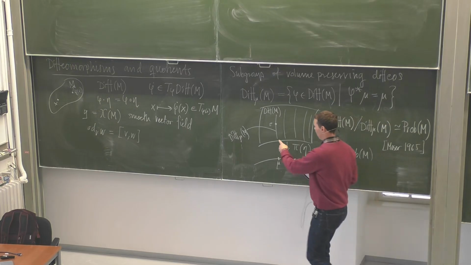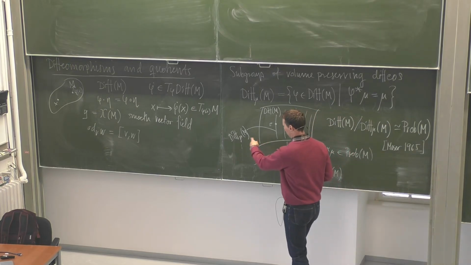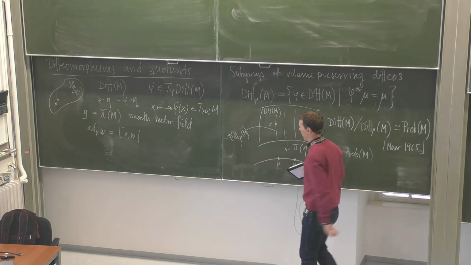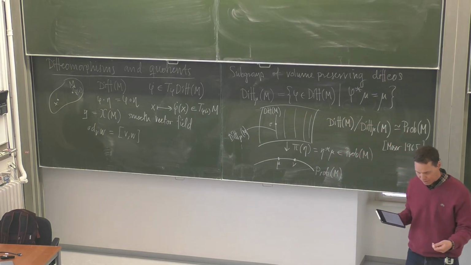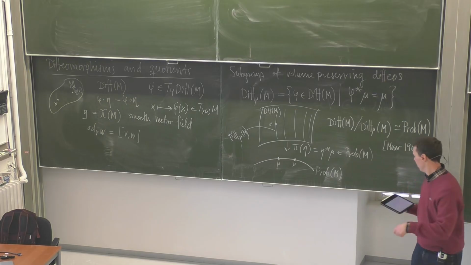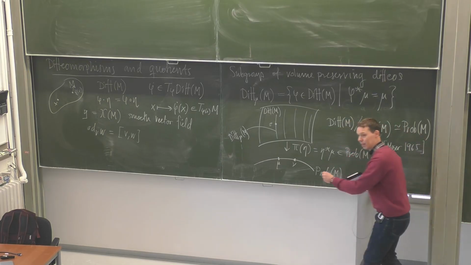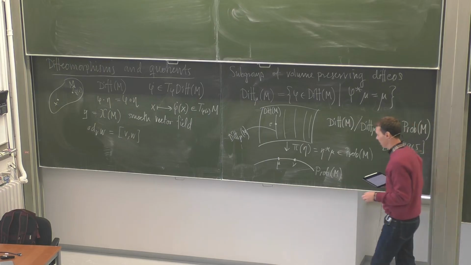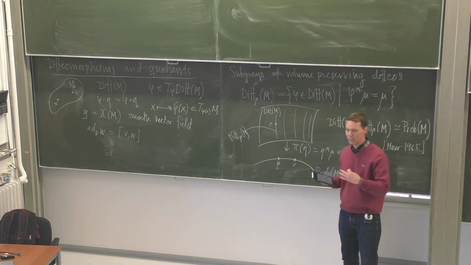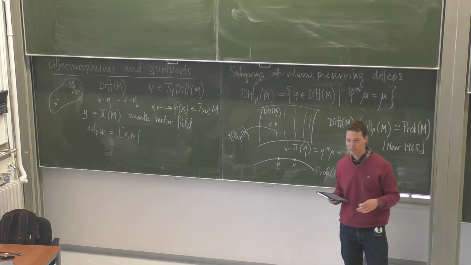Because you think about it like this. You use the quotient to get cosets, but then you still have an action on this space by acting from the other direction, right? So that means that you can talk about the metric being invariant with respect to that action.